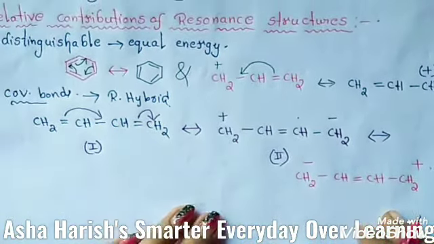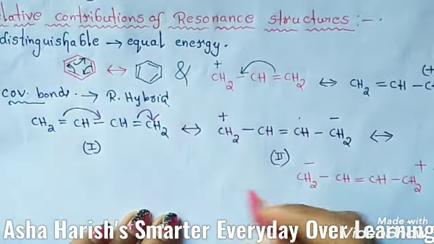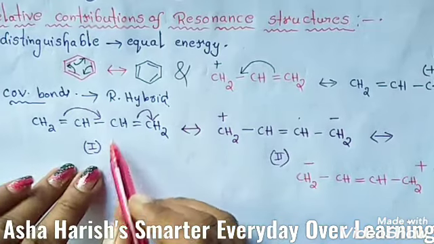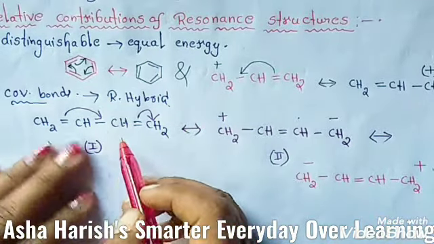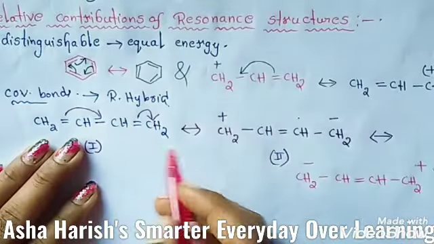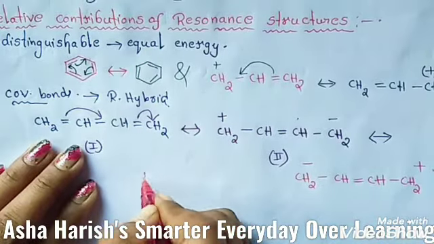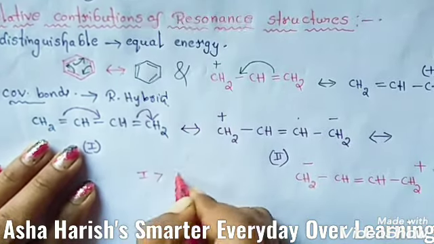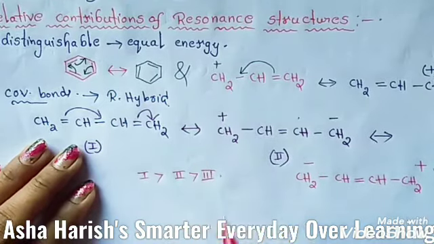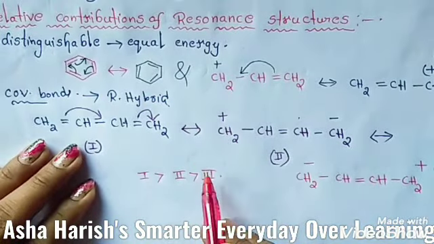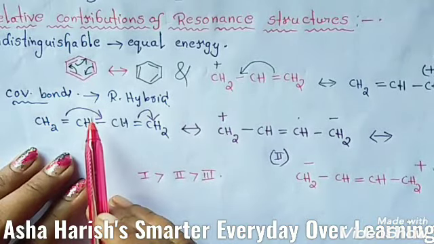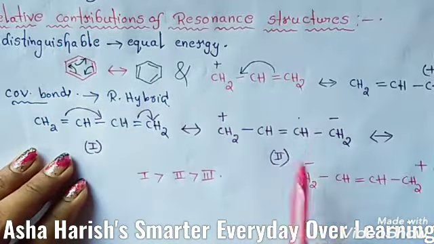Since the formation of a bond is accompanied by release of energy, structure 1 with 2 pi bonds is more stable than structures 2 and 3, which contain 1 pi bond each. Hence structure 1 makes more contribution towards the resonance hybrid than these two structures.